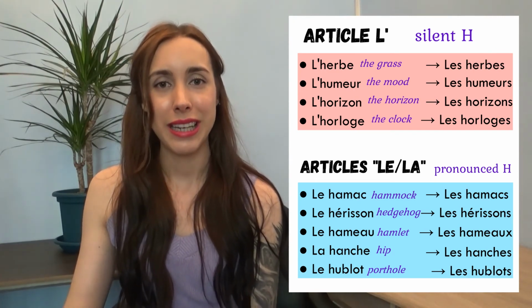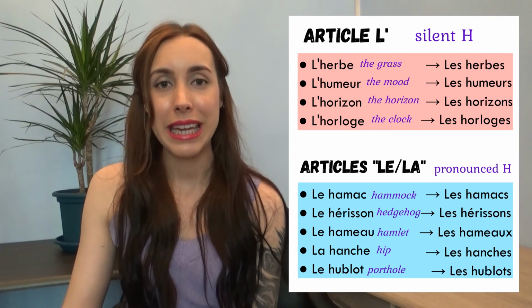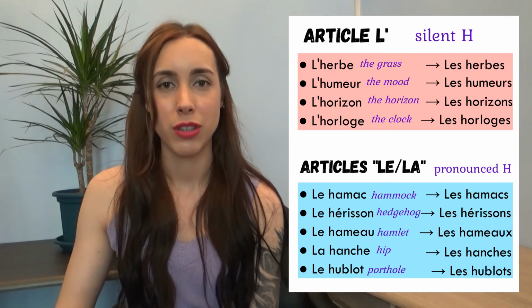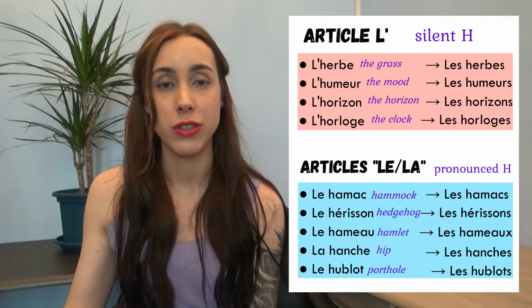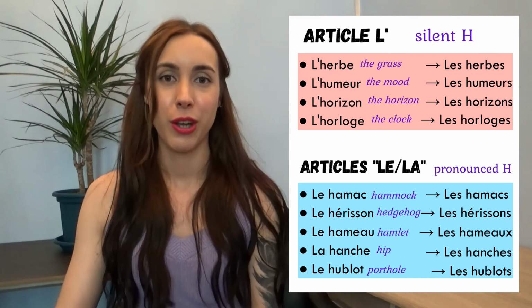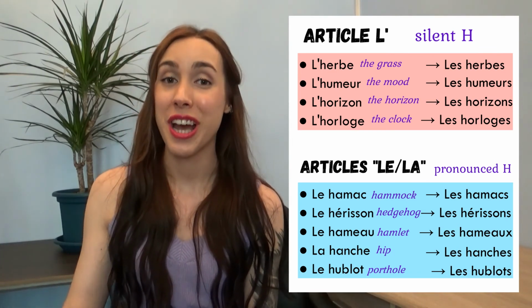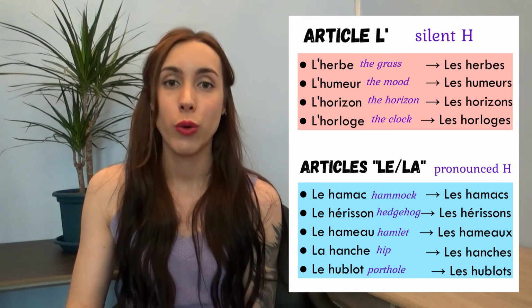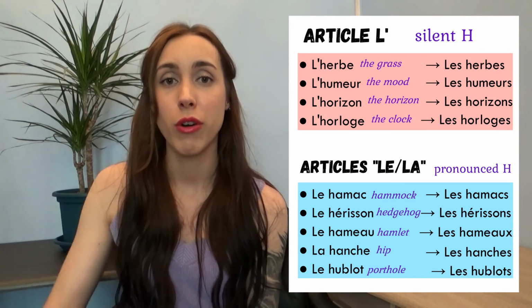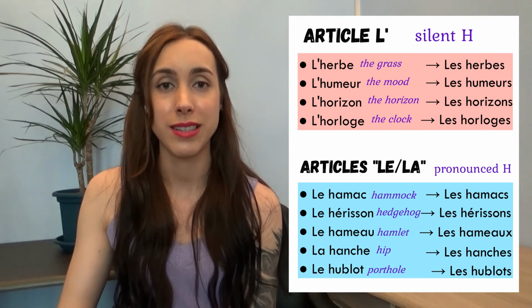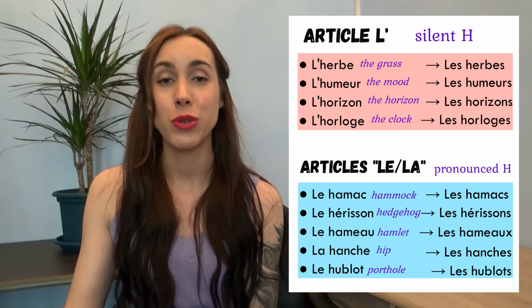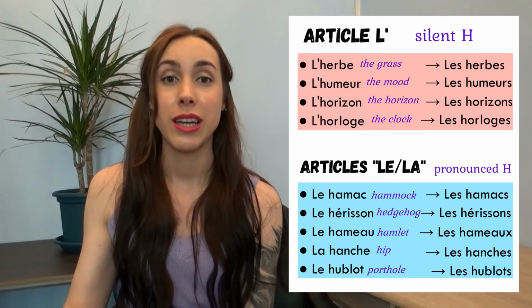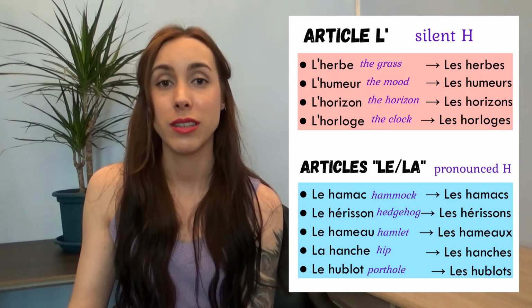As you can hear at the plural form, I do not make any liaison, any connection. I do not make the z sound, so the H letter is considered pronounced. We let some space for the letter to shine in the word and to have an identity and to be pronounced, though it's not. Because in French, remember, unlike English, we do not pronounce it, it doesn't exist. So we have 26 letters in the French alphabet, but it's like having 25 because in terms of pronunciation, this one doesn't exist.